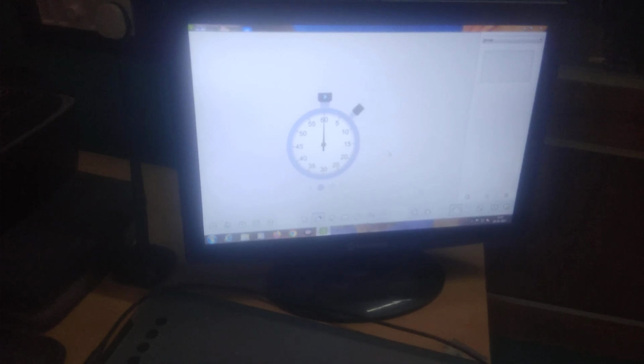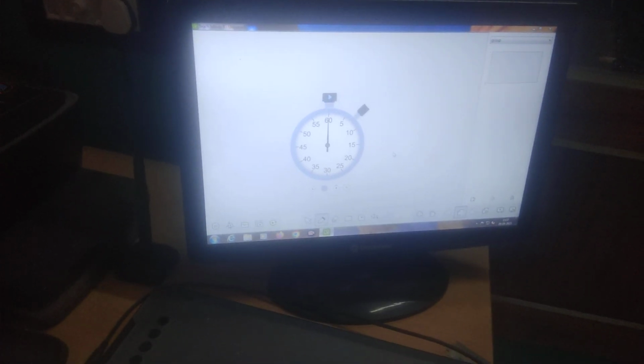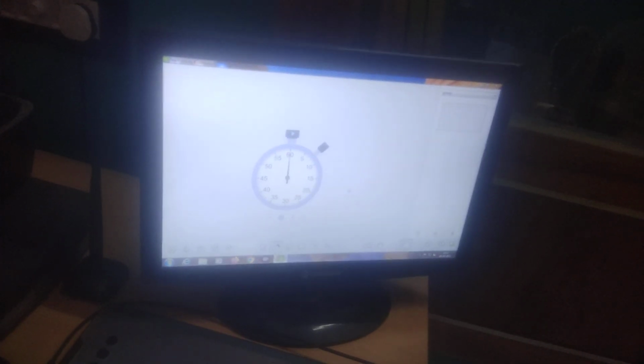Let us start this stopwatch at the same time. One of my friends is starting the stop clock, and here I am trying to get the flow of water from this bottle to this beaker.